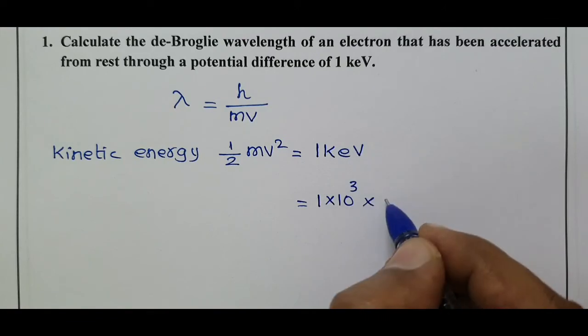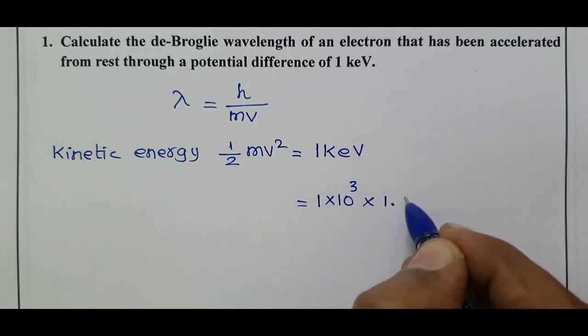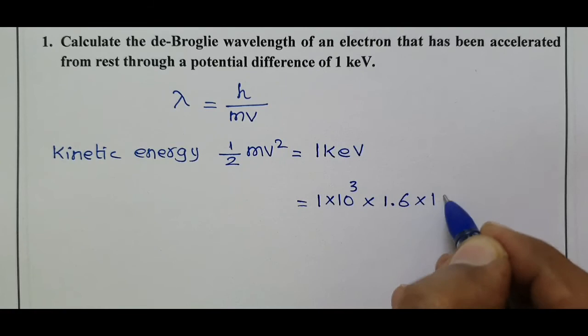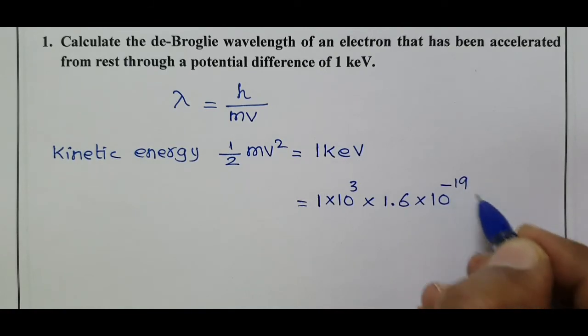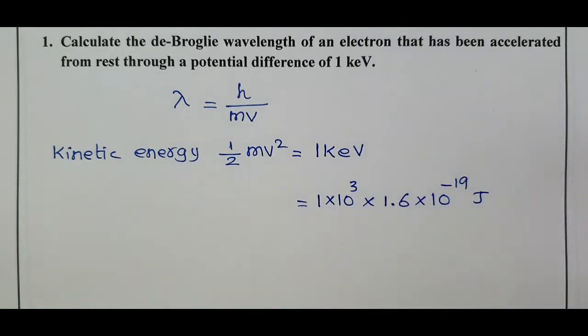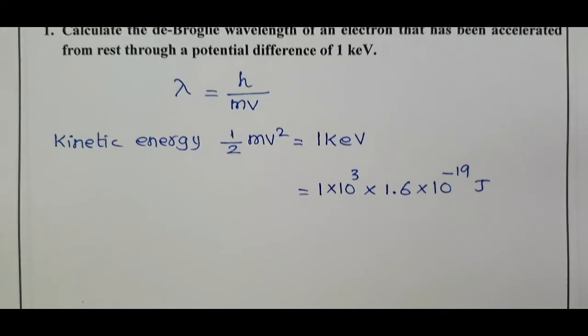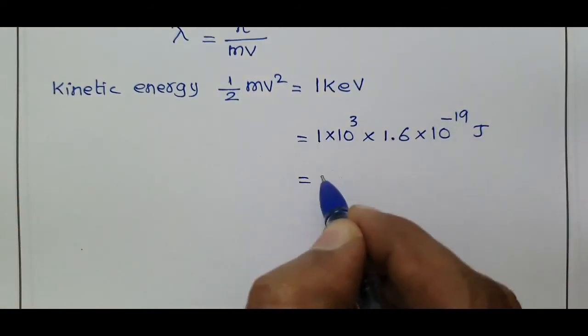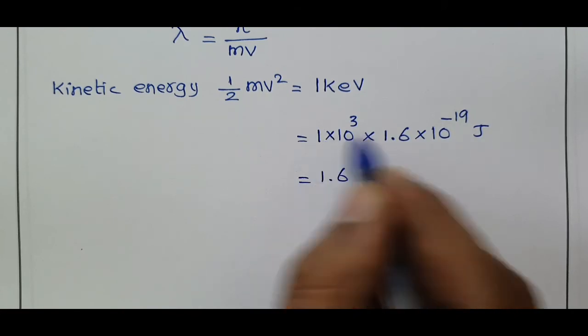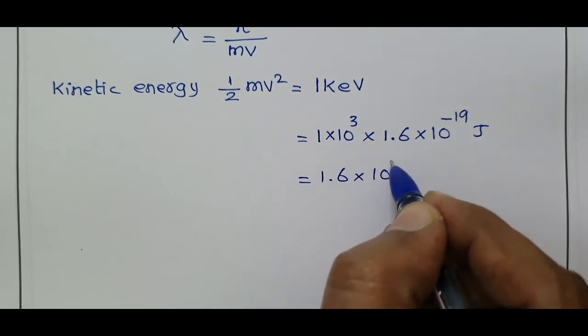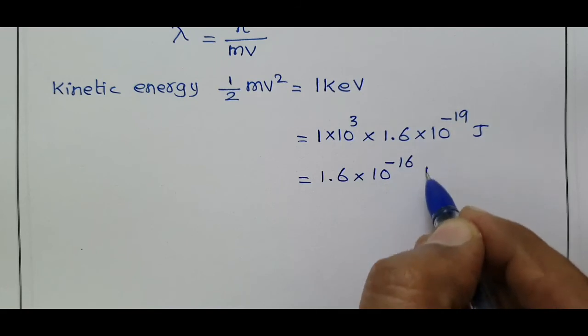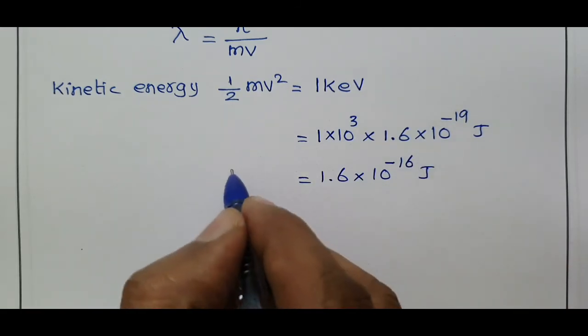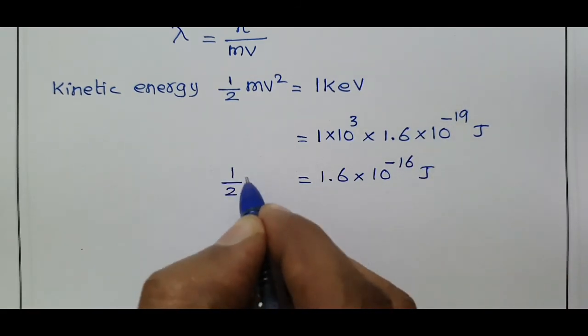Charge of electron is a constant, 1.6 into 10 power minus 19 joule. When we multiply 10 power 3 and 10 power minus 19, we get 1.6 into 10 power minus 16 joule. This is nothing but half mv squared.